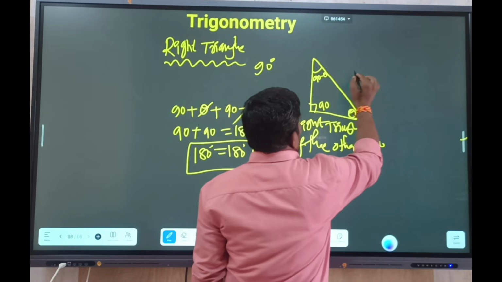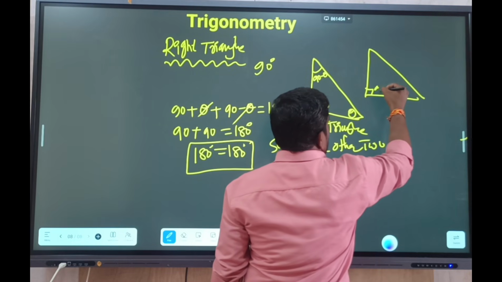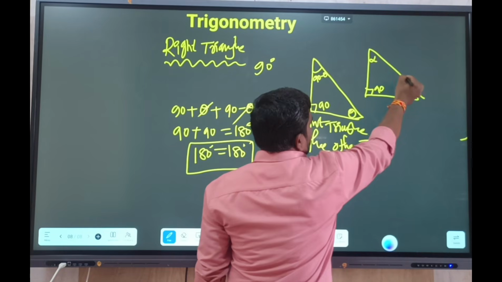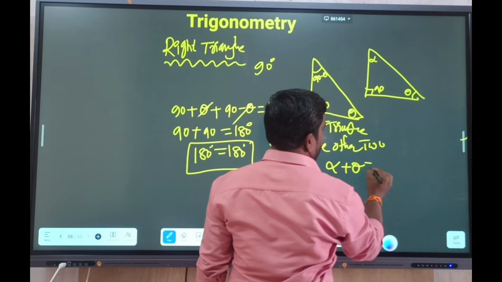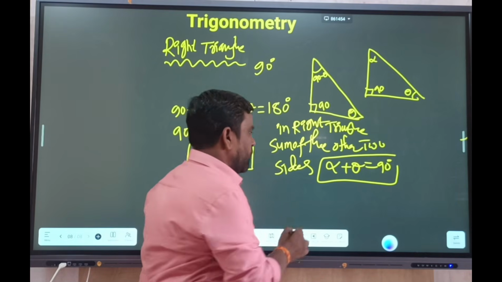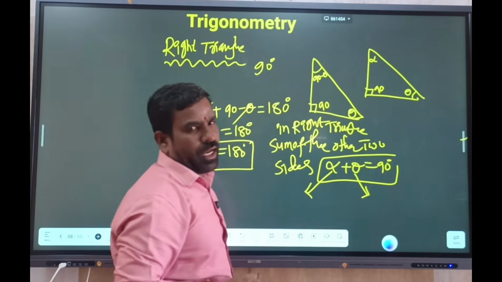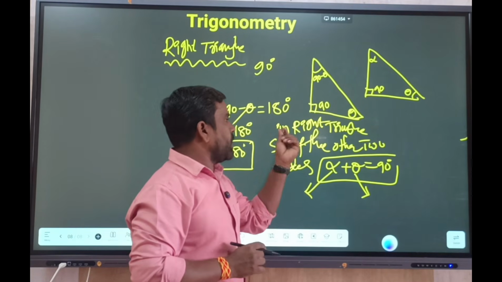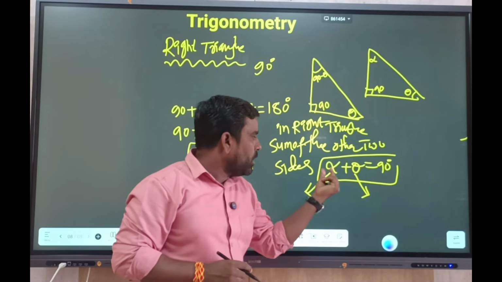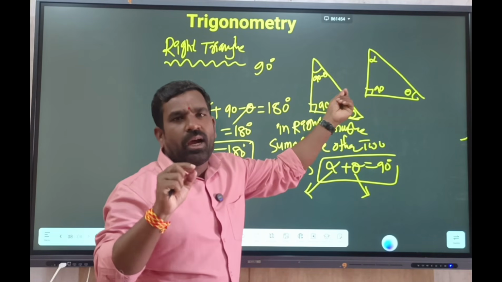Now I am taking another right triangle. Here 90 degrees, and the remaining angles are theta and alpha. So alpha plus theta is equal to how many degrees? The remaining 90 degrees. Alpha is also an acute angle, theta is also an acute angle. Very important: in a right triangle, the sum of the other two angles is 90 degrees, and each one is an acute angle.